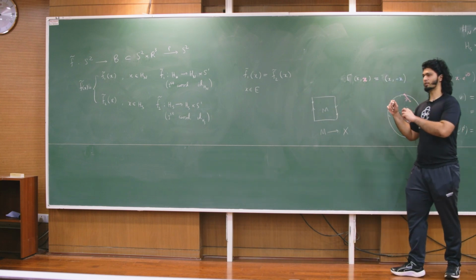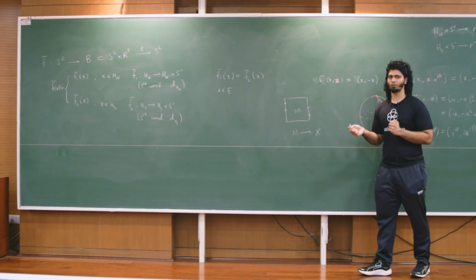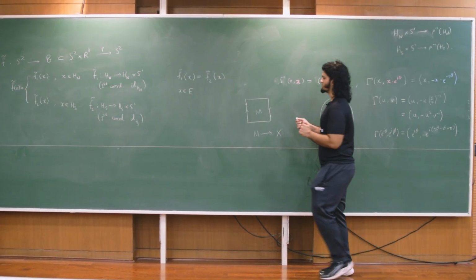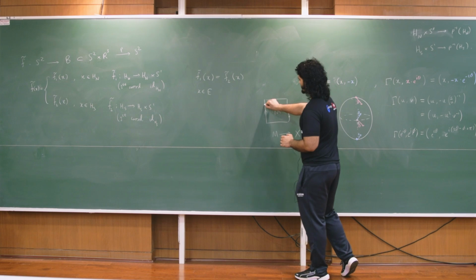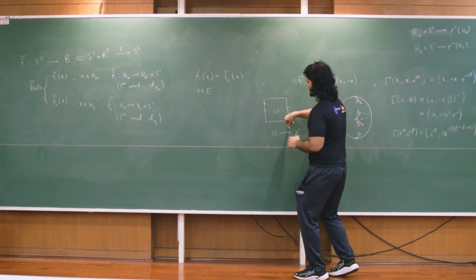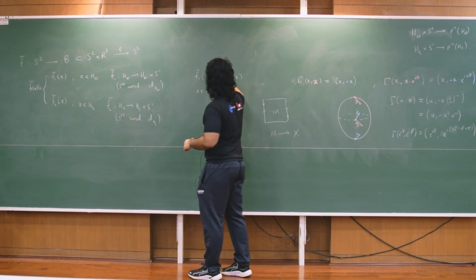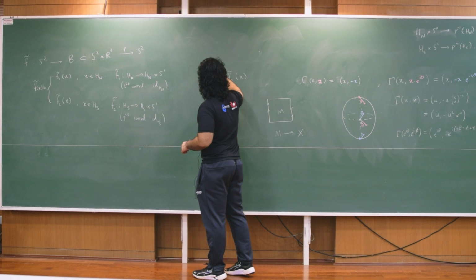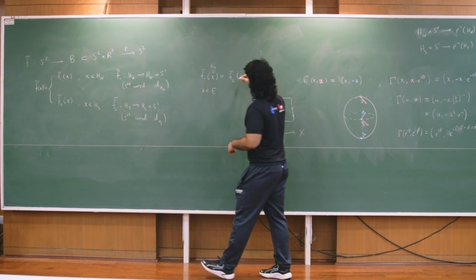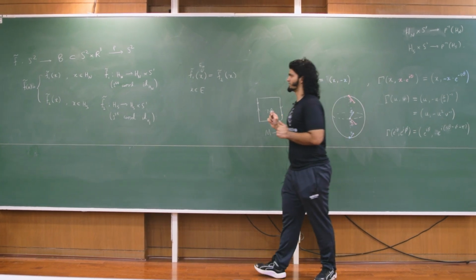Because I'm doing that twist while gluing. So I need to look at the gluing map as well. This point will go to the same point that the corresponding glued point goes to. So if this x is thought to be in En, then the corresponding glued point is gamma of x, right?